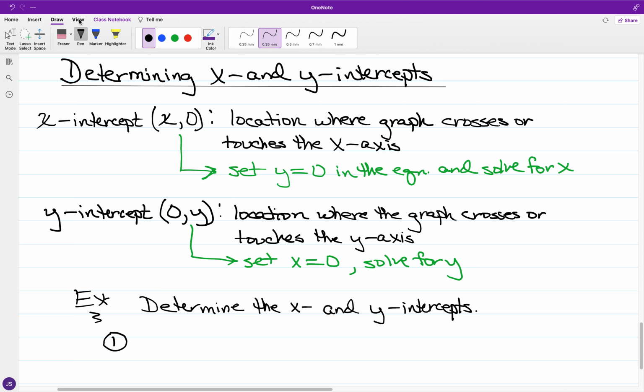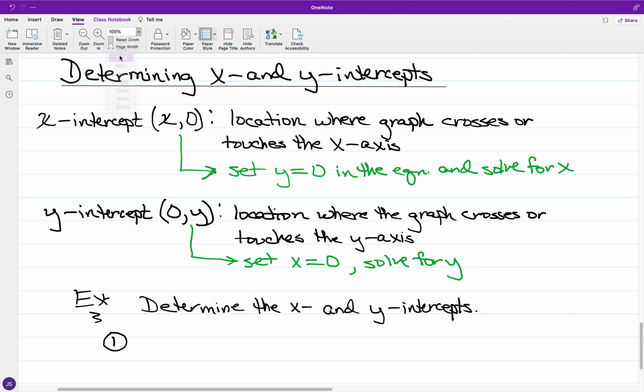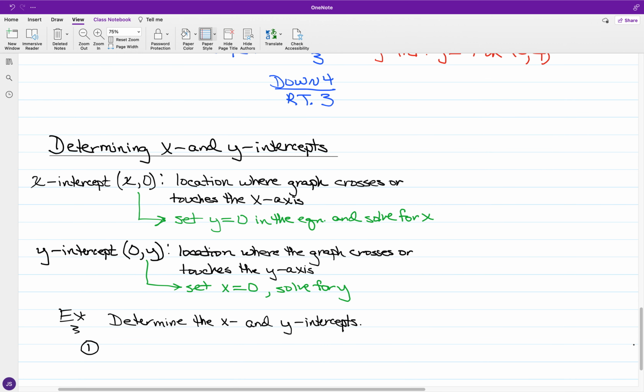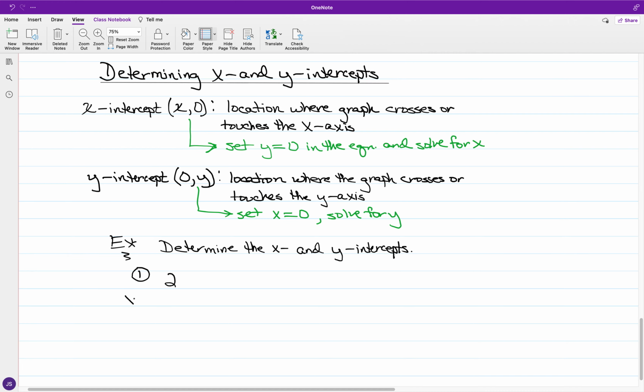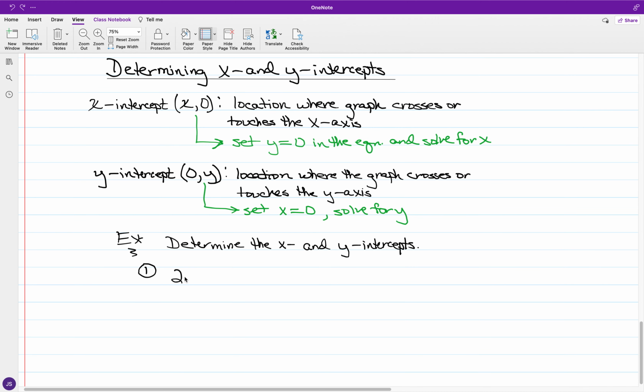Let's say you have an equation that is linear, and we'll say that we have 2x plus 6y is equal to 18.